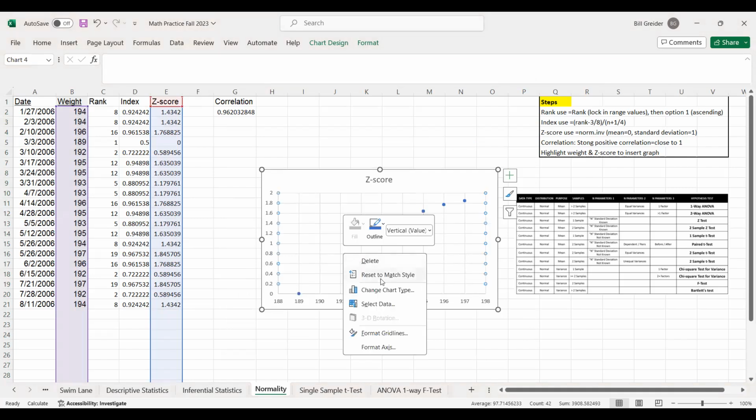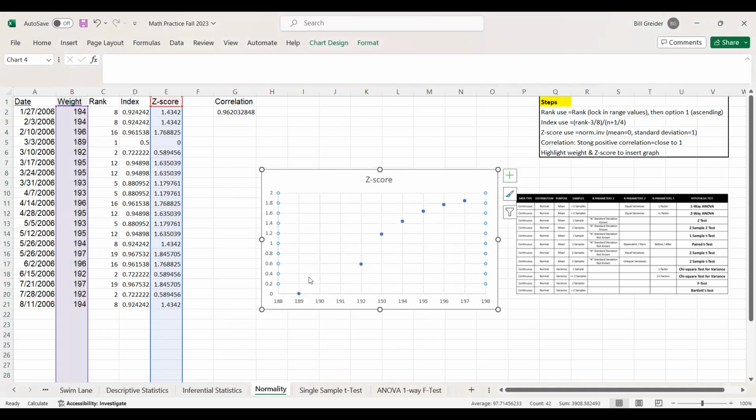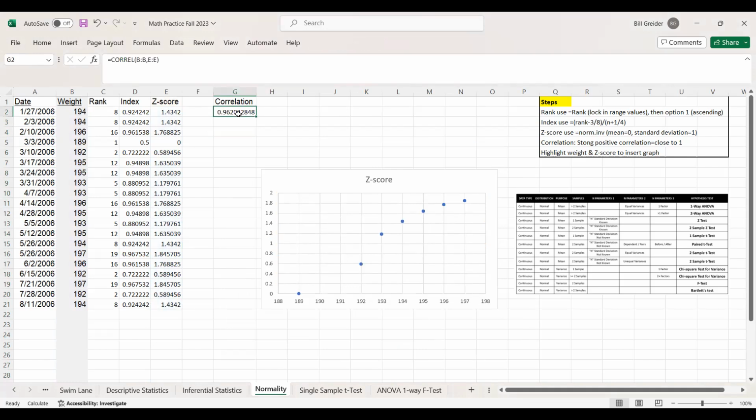Where's the trend line? Anyway, that's the homework. I got a nice straight line here, correlation of 0.96. So I know that this is very close to a bell-shaped curve. So I know my data is normal. So I can use any of these tests, depending on what I'm trying to find out, which we're going to dig into some more. All right, that's the homework.